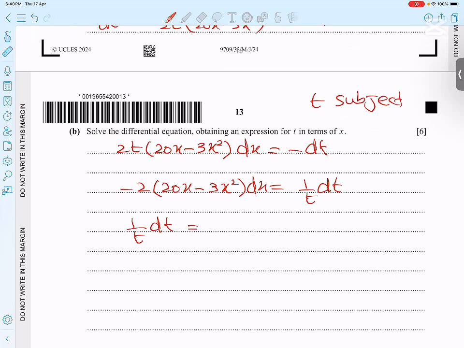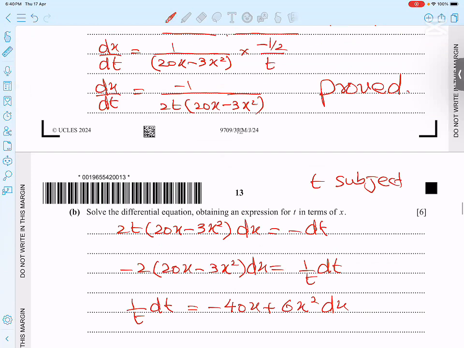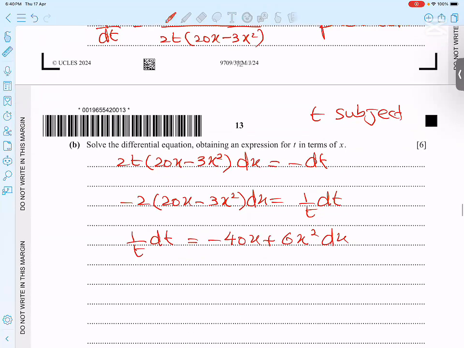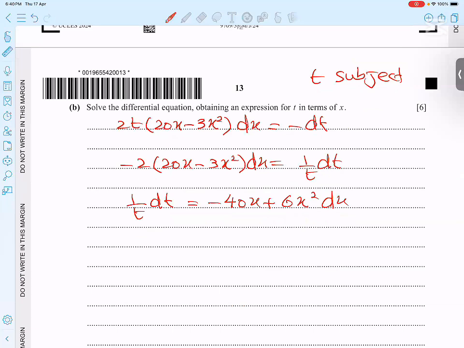And negative 2 multiply inside, negative 40x plus 6x to power 2 dx. Okay, now I think we can go for integration easily. So let me just check once again. This cross multiply, this is okay. Yeah. And then I brought t on the other end. Sure. Okay. Now, students, what to do?